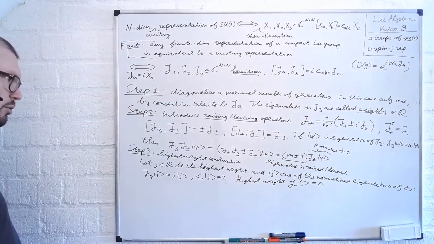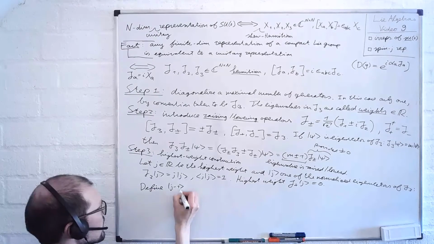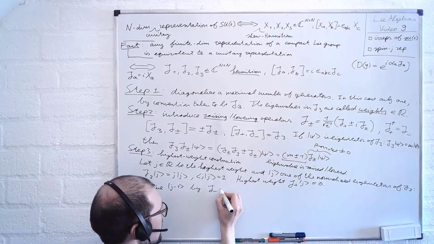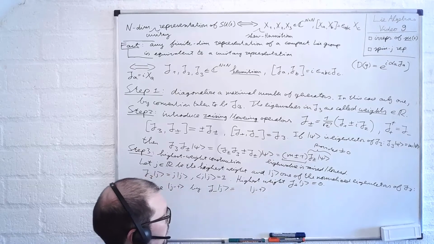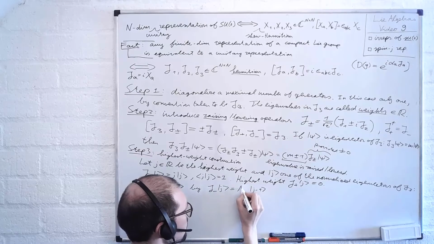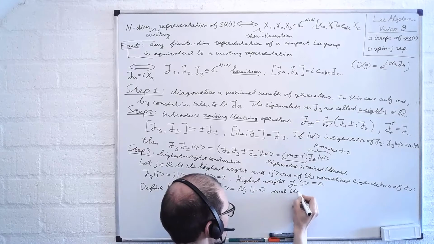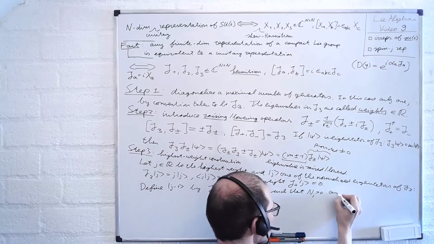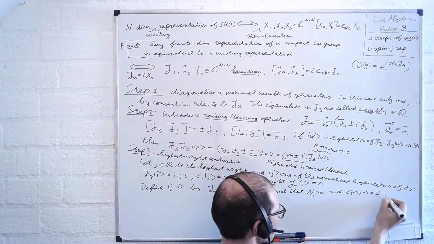So let's assign a label to this eigenvector. We define |J minus 1> by setting that J minus acting on |J> gives this eigenvector |J minus 1>, but we want to require that |J minus 1> is actually normalized, so we put some normalization constant here, such that this is a positive normalization constant, and this second highest state is normalized.